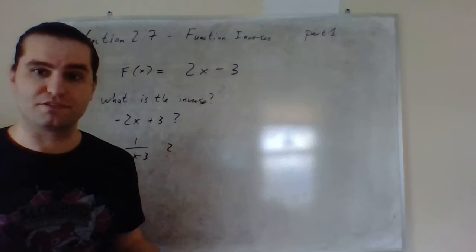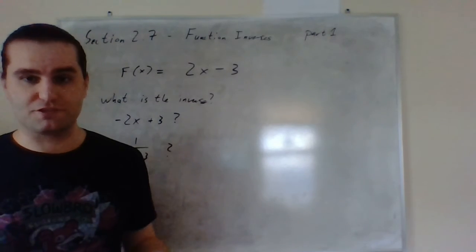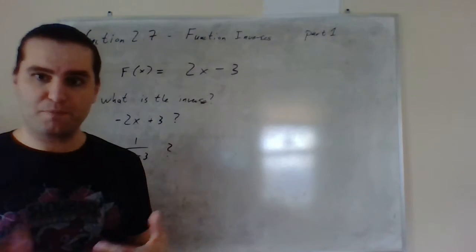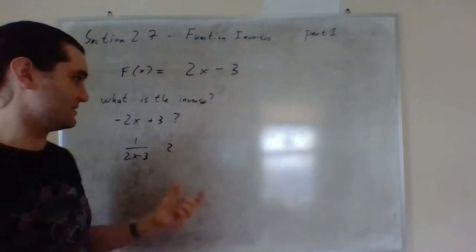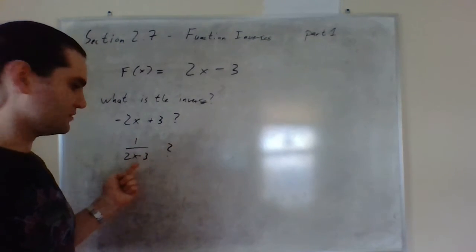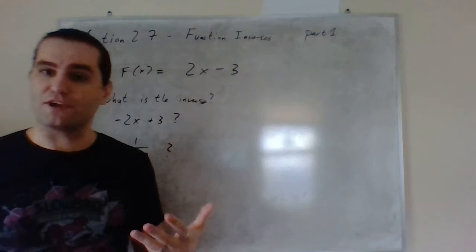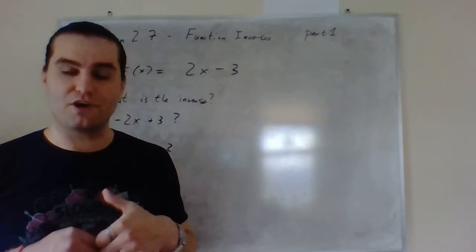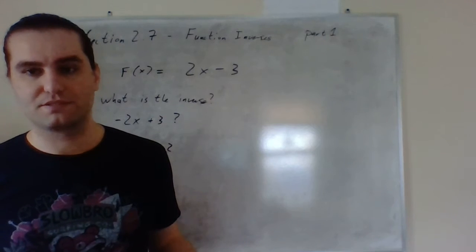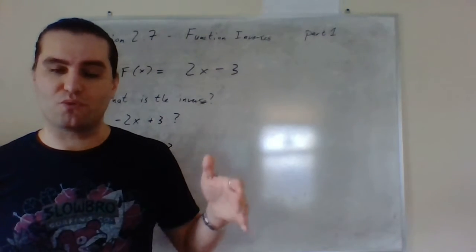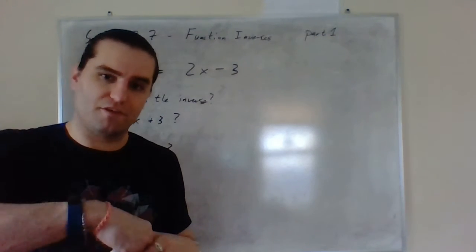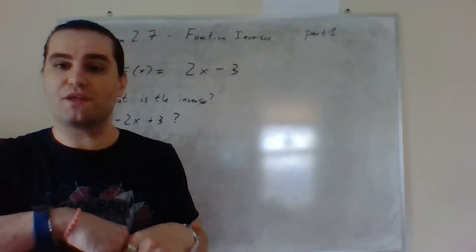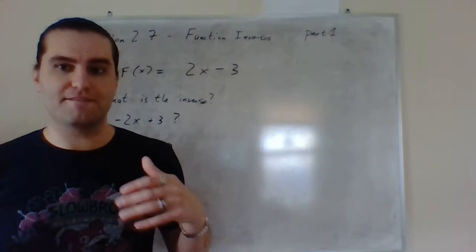And that is because when we're talking about functions, the operation that we're interested in is not addition and it's not multiplication. The operation we're interested in is function composition. It's like we talked about in section 2.6. We want to be able to put one function inside another function, and we want the result to be the identity function.